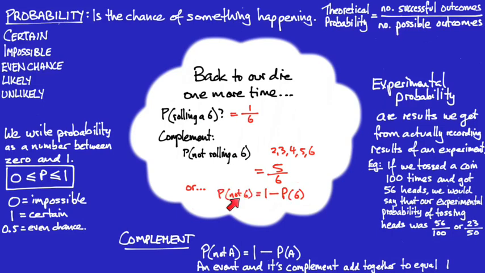I could say the probability of not rolling a 6, which we worked out here as being 5/6, is 1 minus the probability of rolling a 6. So that is 1 minus 1/6, which equals 5/6.